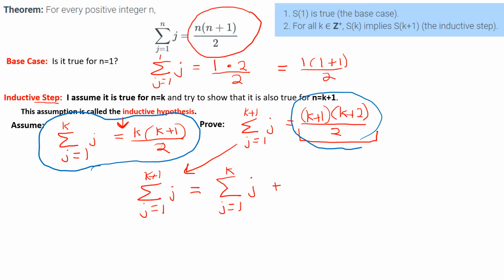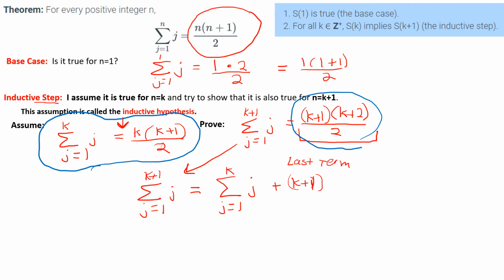So what would that last little term be? That would be when j is equal to k plus 1, right? So it would be k plus 1 here. That's our last term. We pulled out a term. Okay, so we have that.